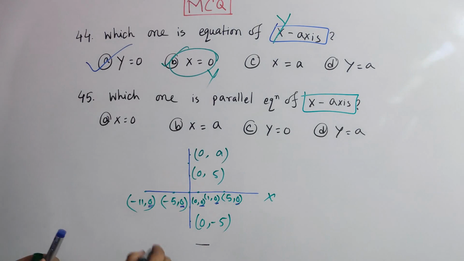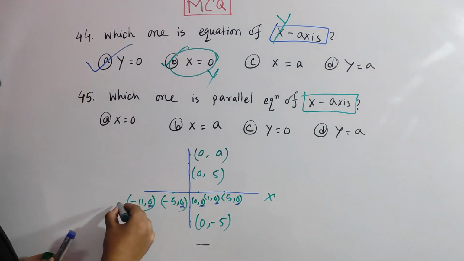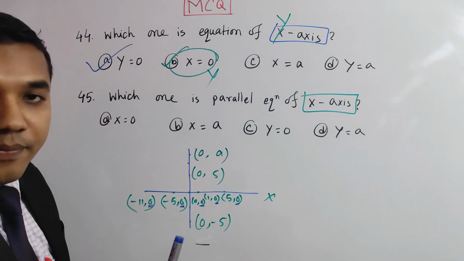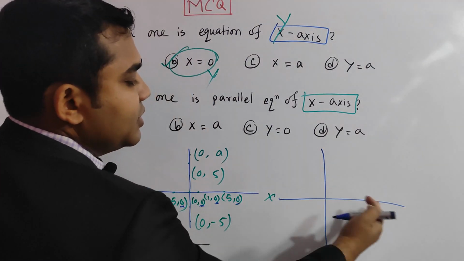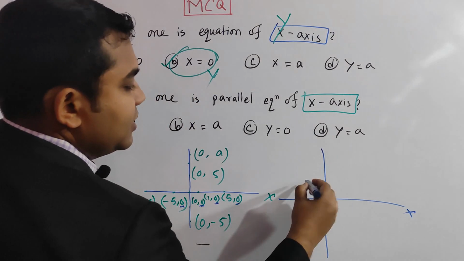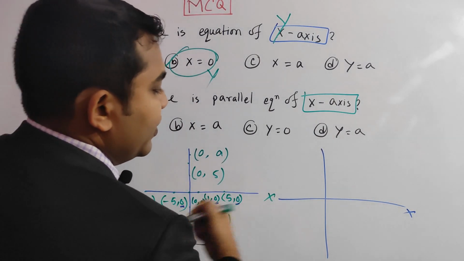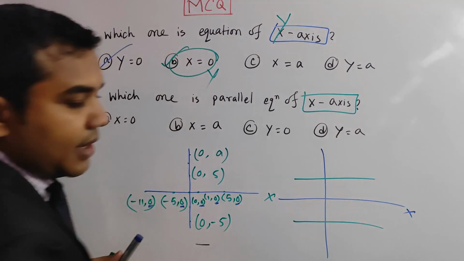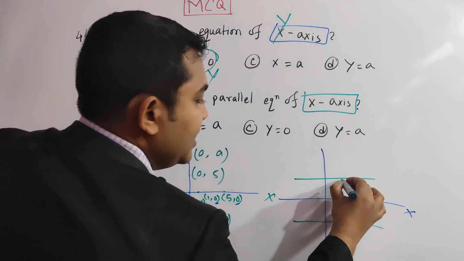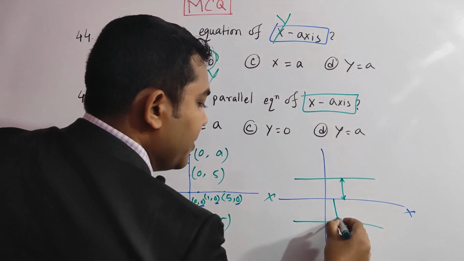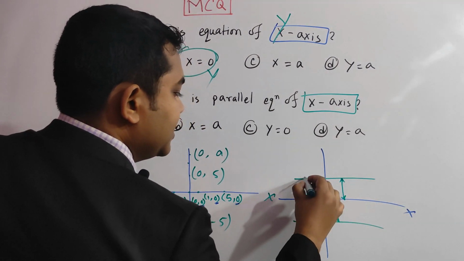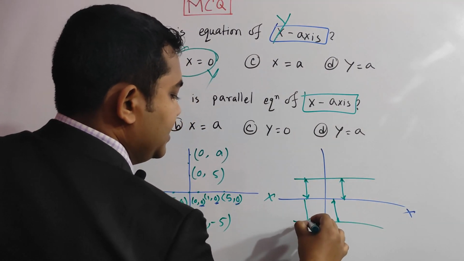Parallel equation, that means this is the equation where, or I can go for another part. Suppose this is the x-axis, so the parallel of x-axis can be here or can be here, isn't it? So actually it will always maintain a distance, and the same distance it will maintain, isn't it?